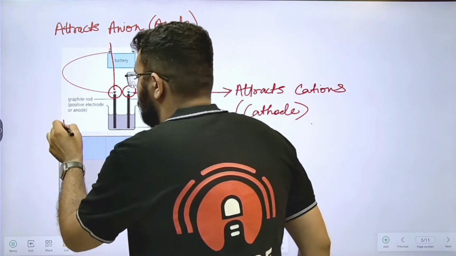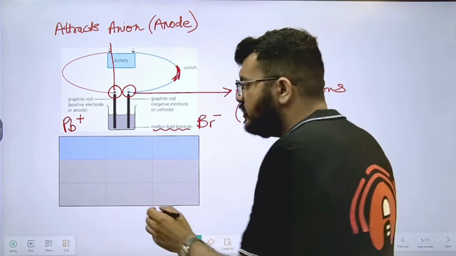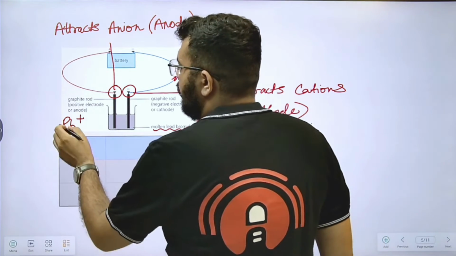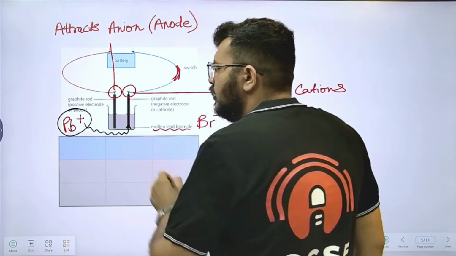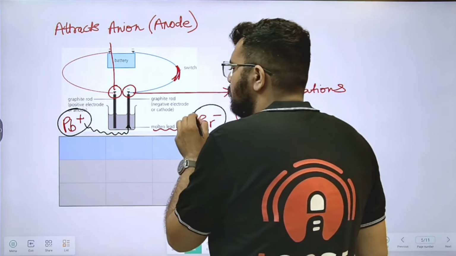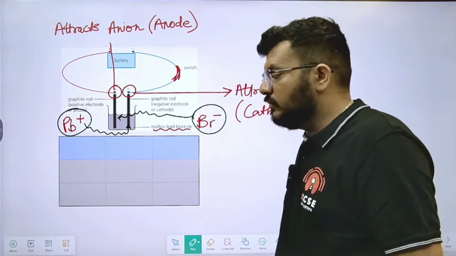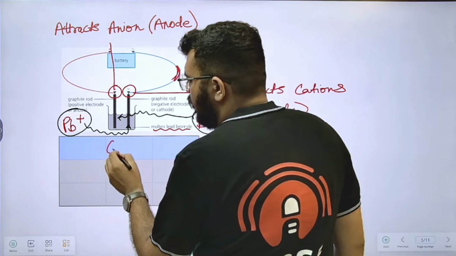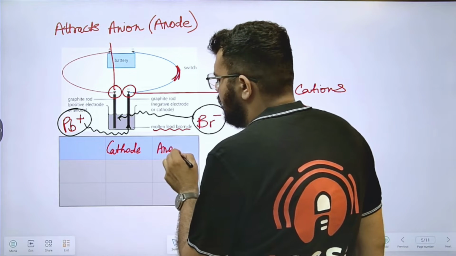Let's use Pb plus, right? Lead plus. This lead plus, being positively charged, will travel to the negative electrode. This bromide, being negatively charged, travels to the positive electrode. Now let's see what happens at cathode and what happens at anode.